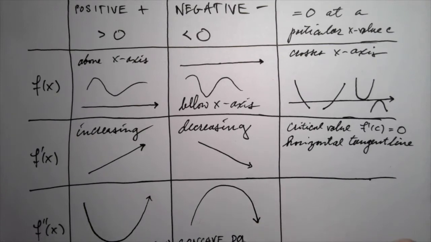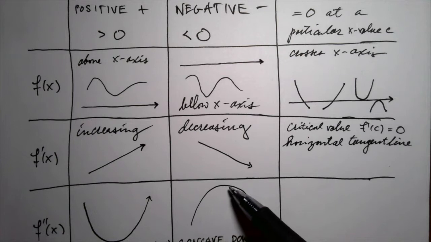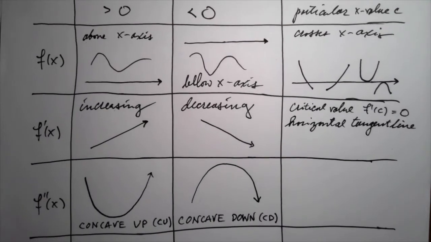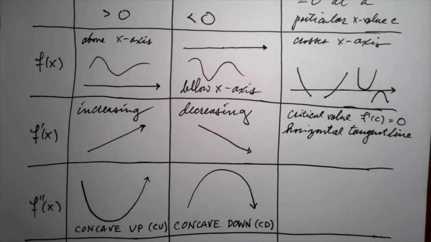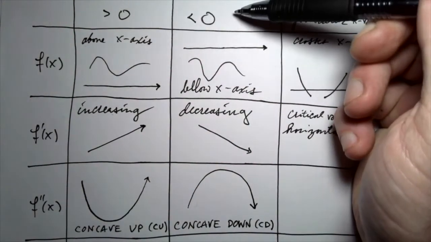Why does the second derivative being negative give us that shape? Well, if we start with a positive derivative, positive slope, the second derivative being negative is going to force that positive slope to get smaller and smaller and smaller until eventually you have negative slope over here. So concave up and concave down correspond to the second derivative being positive and negative.